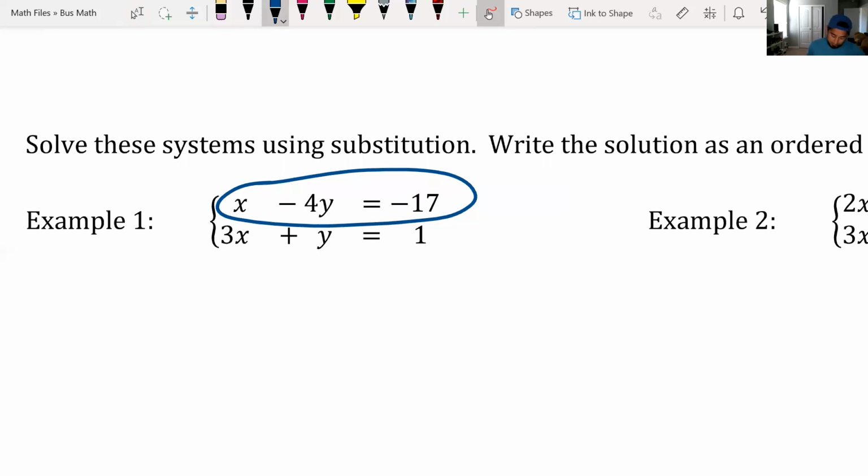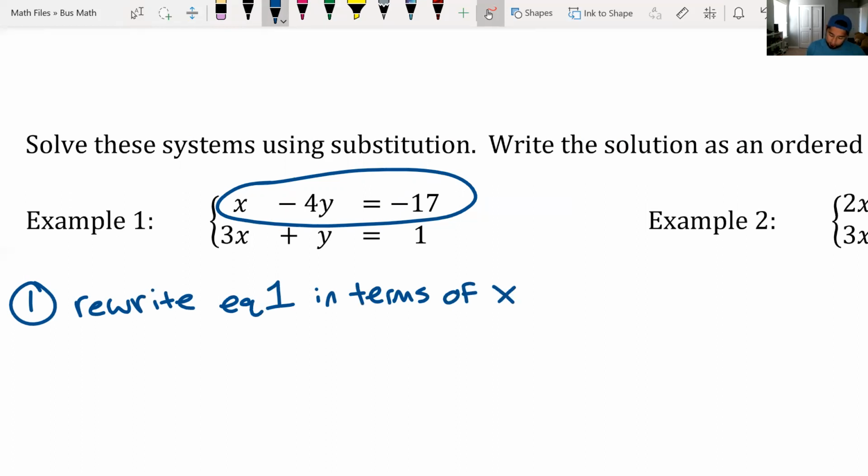All right. So I'm going to make this in steps as well. So step number 1. Rewrite equation 1 in terms of x.